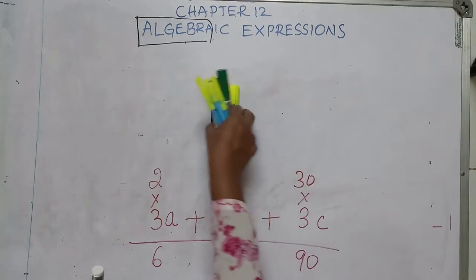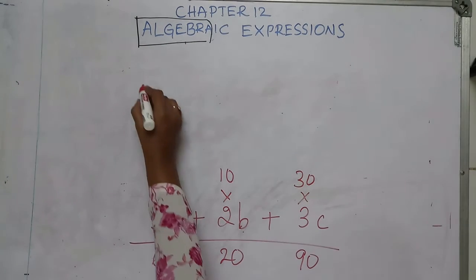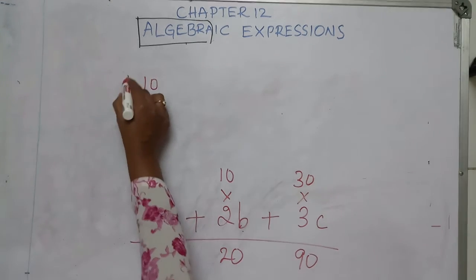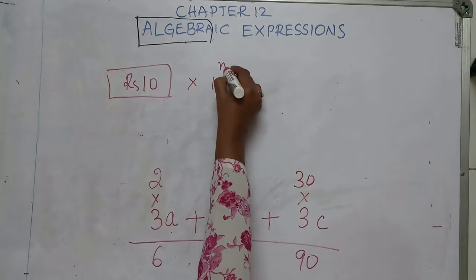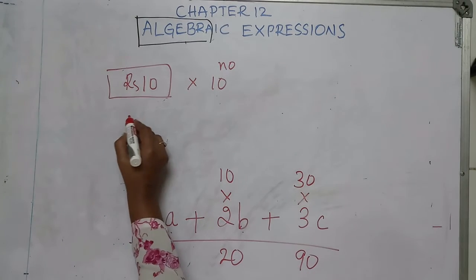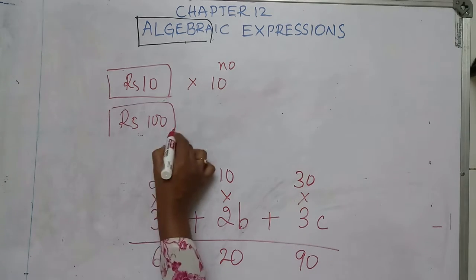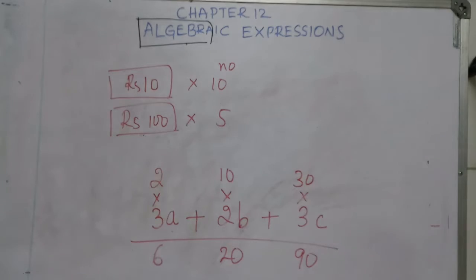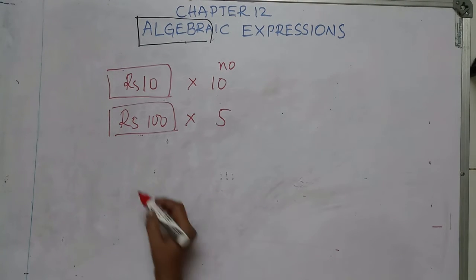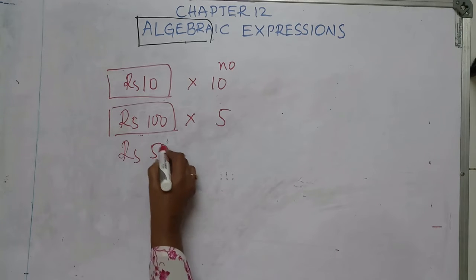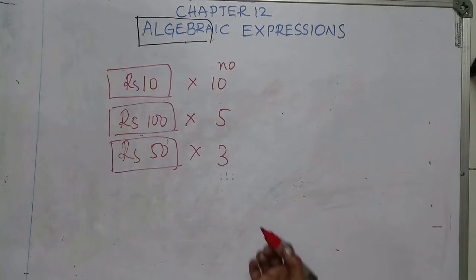Not only in this, in currency also we are using algebraic expressions. For example, I have 10 rupee notes, 10 in number, and 100 rupee notes, 5 in number, and I have 50 rupee notes, 3 in number.